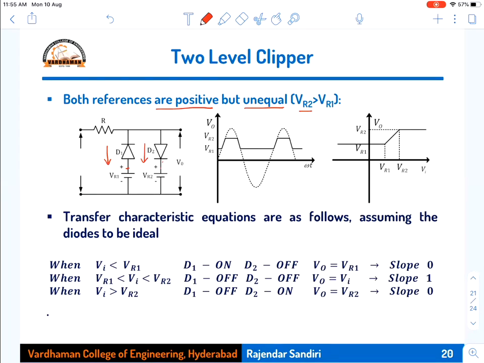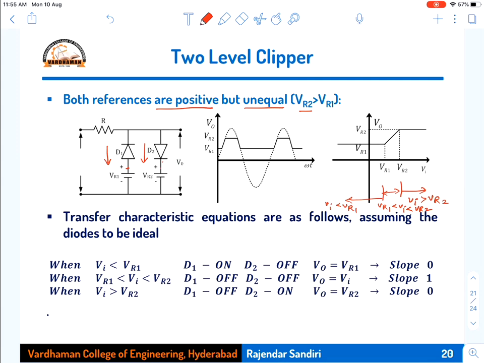One is Vi greater than VR2. One portion of the waveform is VR1 less than Vi less than VR2, and the other portion of the waveform is Vi less than VR1.